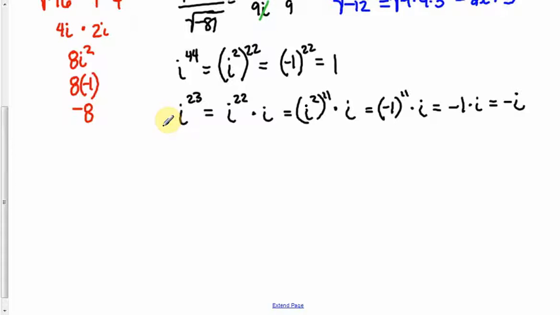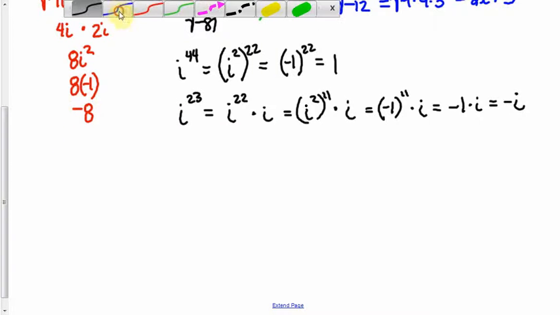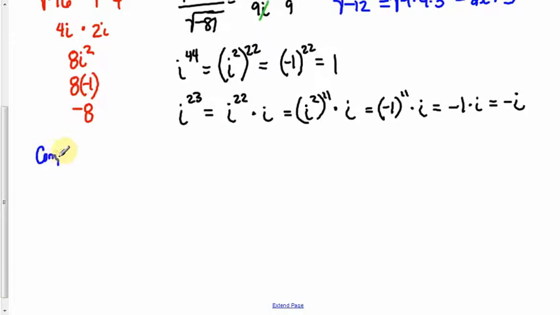The study of i, the imaginary number, moves us into the complex number system. You have a Venn diagram and a chart on page 424 in your book, and what it does is show you the way our number system is divided up.